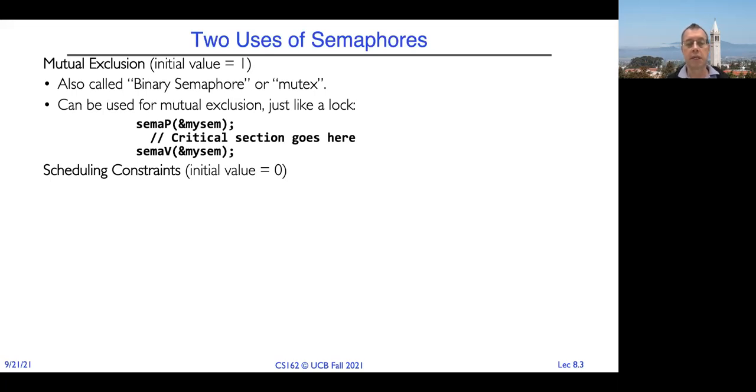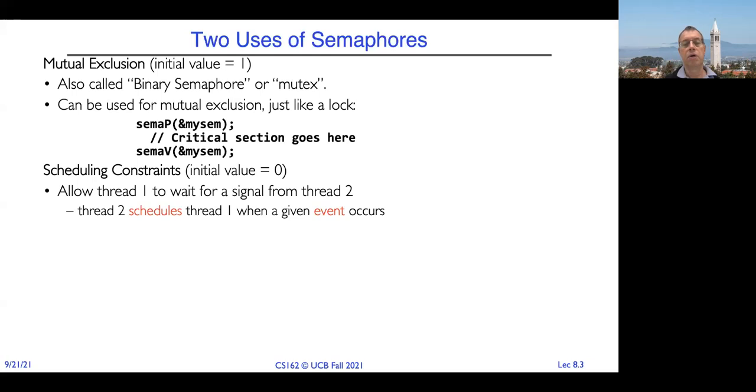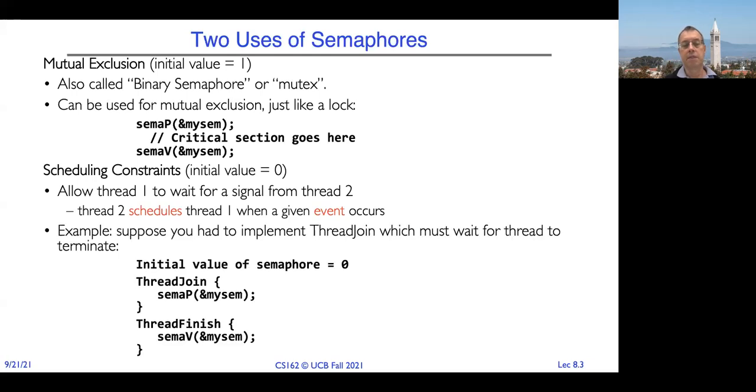And it's also used for scheduling constraints. Basically, we want to wait for a thread or signal a thread to do something. And here the initial value is 0. The classic example is a join implementation for threads. You remember that with a join, the thread which executes the join waits for another thread to finish.